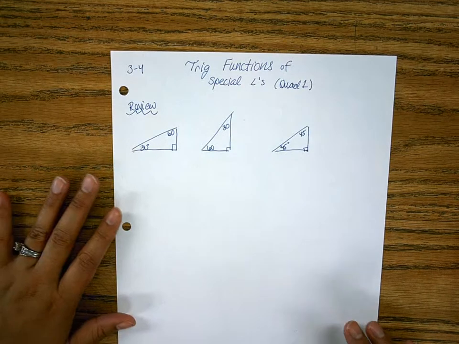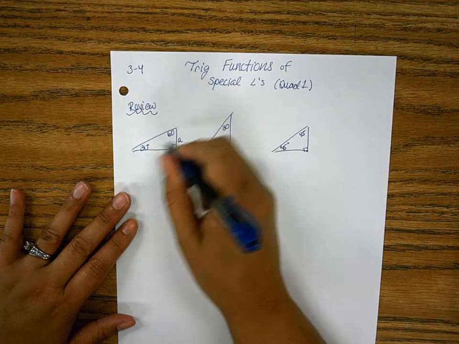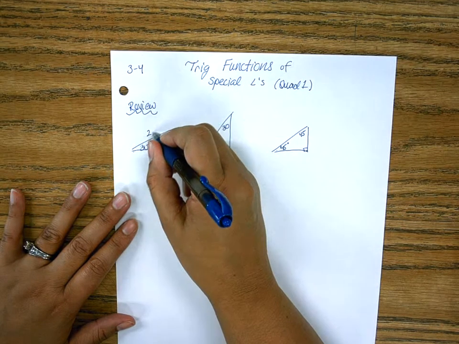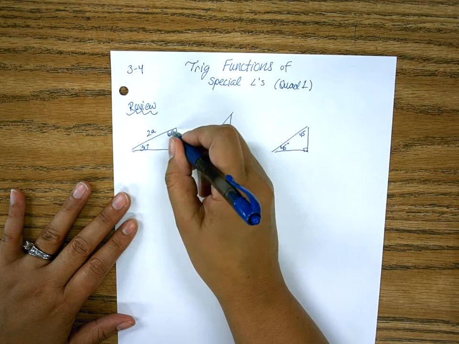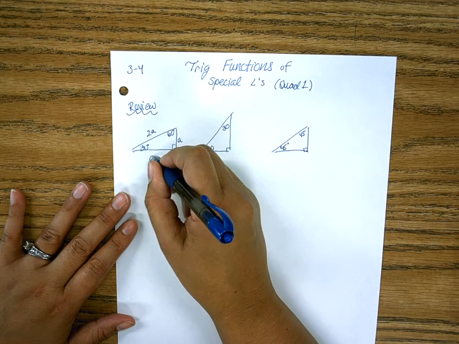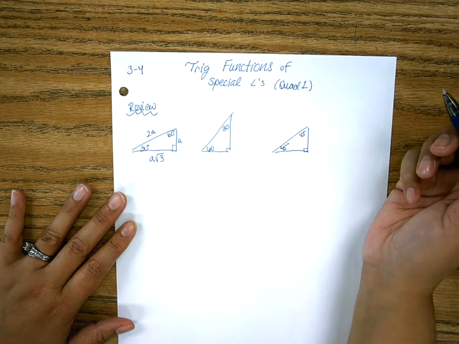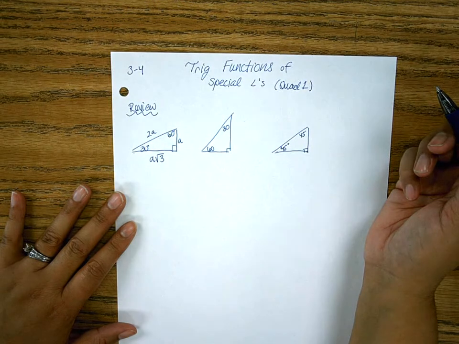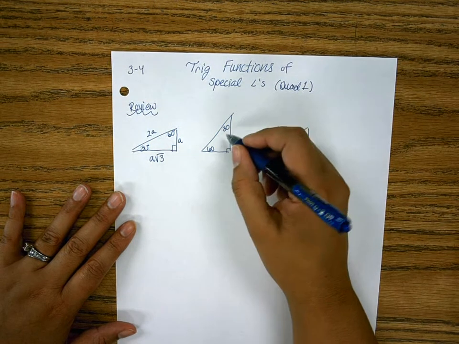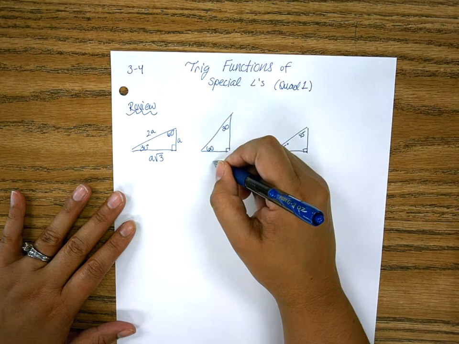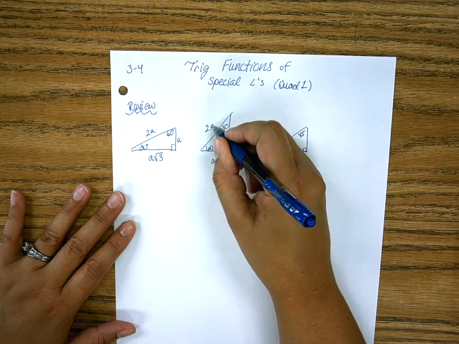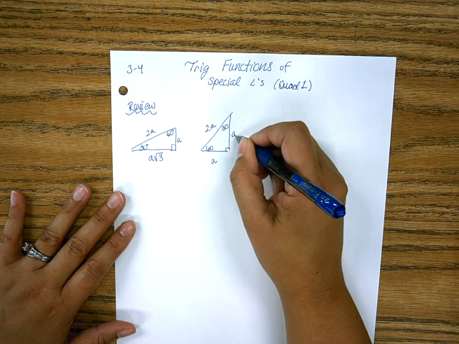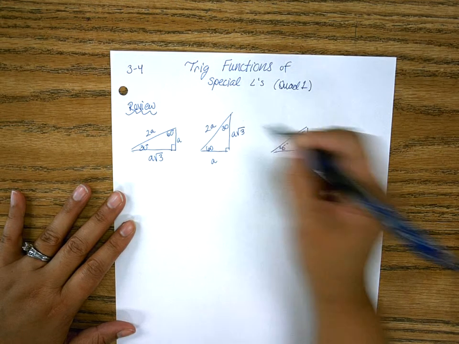All right, your Math 2 teachers taught you that opposite the 30 was A, hypotenuse was 2A, and opposite the 60 degrees was A root 3. On this one, same thing. Opposite the 30 is A, the hypotenuse is 2A, and opposite the 60 is A root 3.